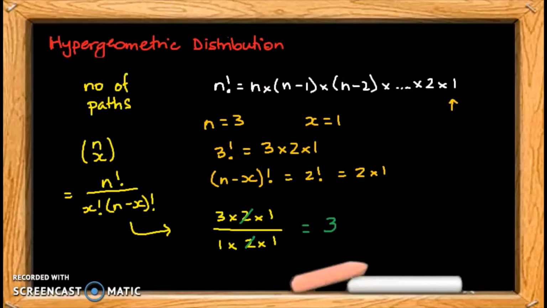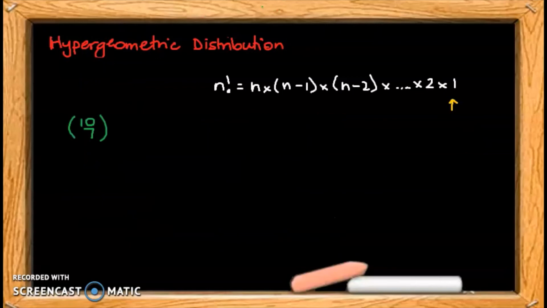So if I had 10 steps and I was looking at 7 desired outcomes, I could use 10 and 7 like that, and I would end up with 10 times 9 times 8 and so on. But here's a cool thing about factorials. When I have larger numbers like 10 and 7, it may feel like it's going to be quite a cumbersome task. Remember, n factorial is going to be 10 times 9 times 8 all the way to 1.